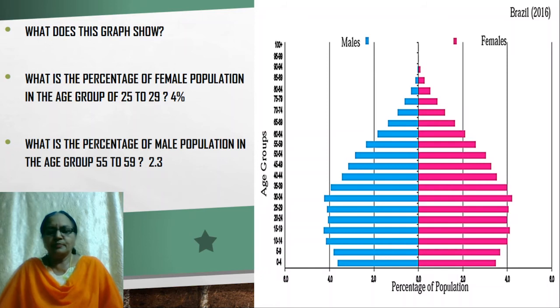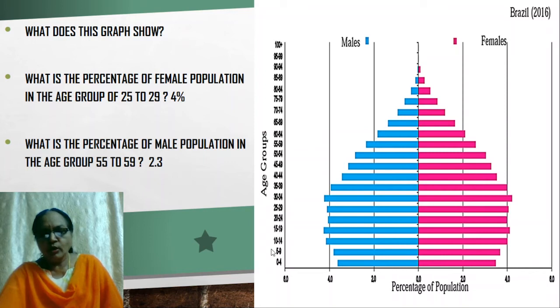Now children, let us move on to the next graph. This shows you the age and sex population of Brazil for the year 2016. Now this is also called the population pyramid.